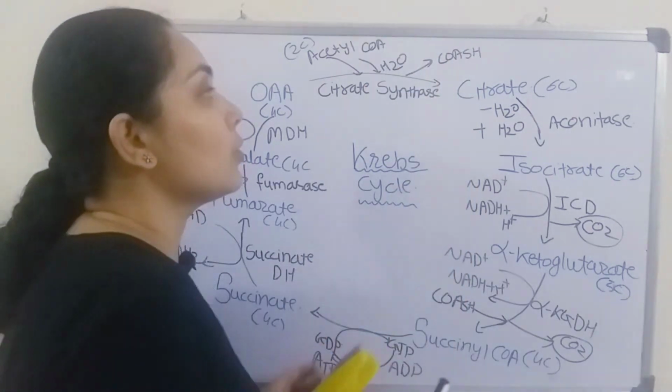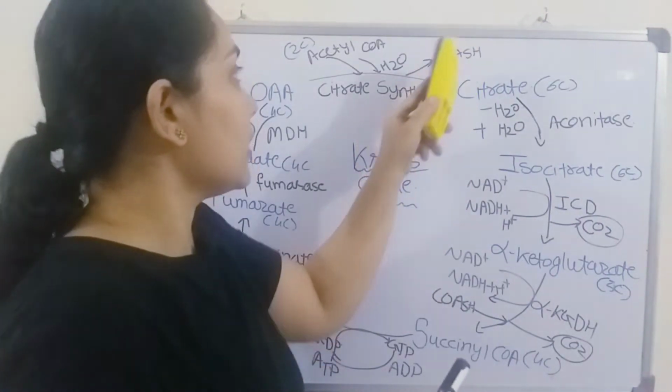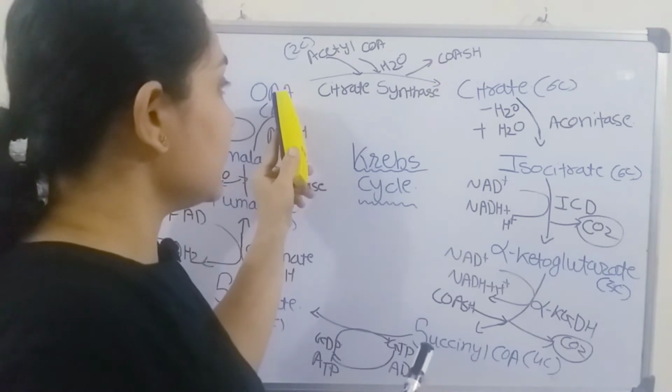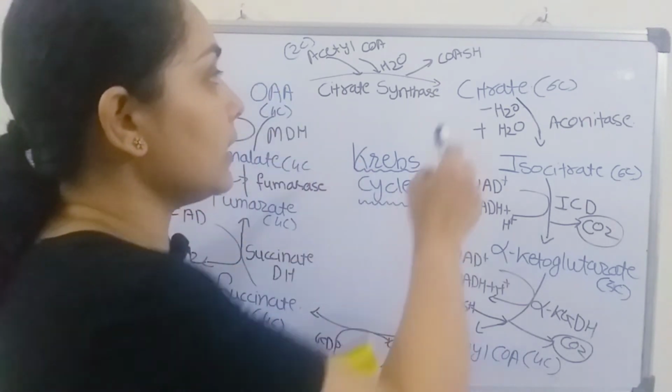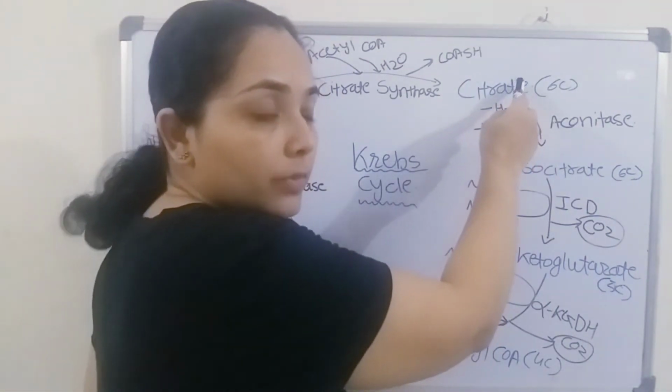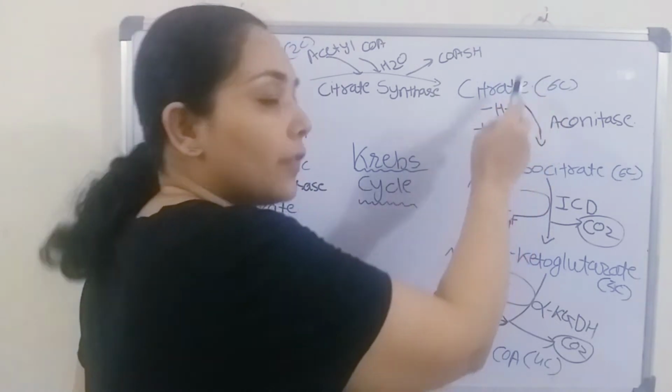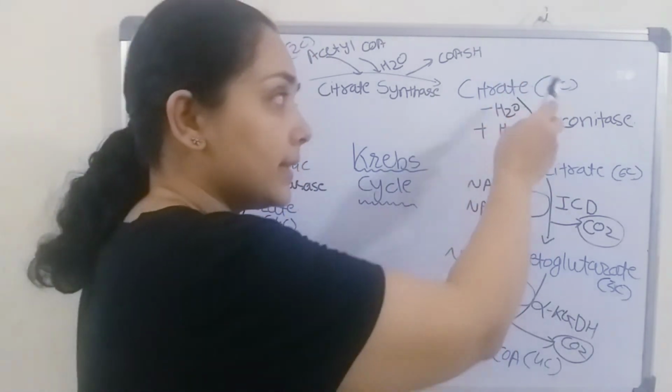The coenzyme A will be removed. So the acetyl moiety condenses with oxaloacetate and we get citrate, right? Citrate is the first product of the Krebs cycle, a 6-carbon compound.